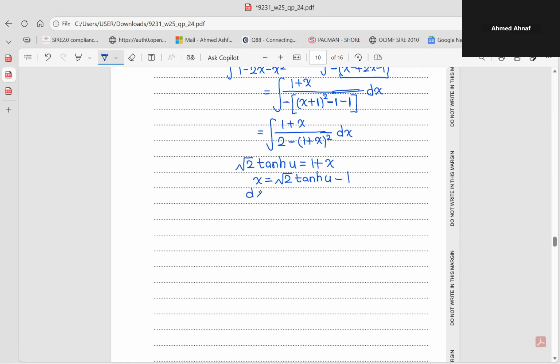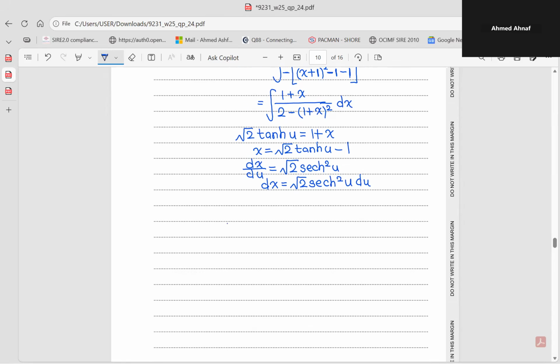So dx over du is going to be square root 2. Differentiating tan u, you get sec squared u, so dx is going to be square root 2 sec squared u du. Now let's change everything to u.